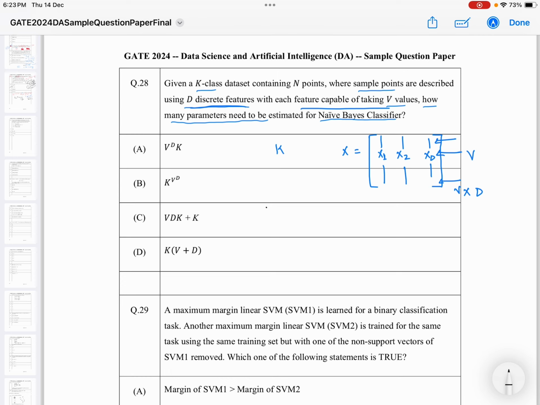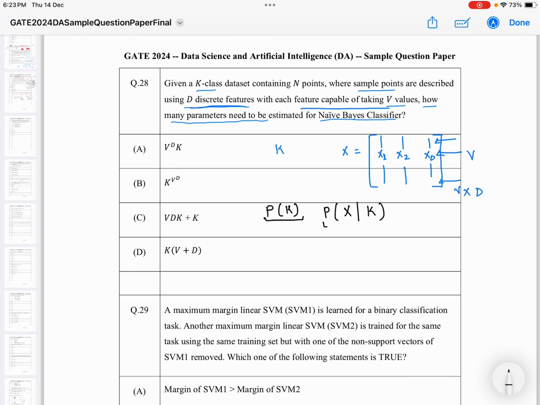We need the probability of all the classes, which is the prior probability, and we need the maximum likelihood, that is the probability of x given the condition k, right?